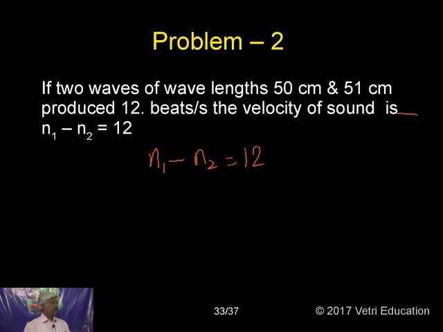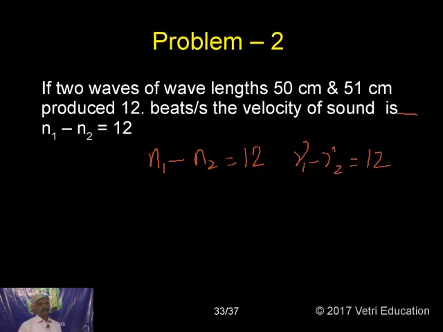There are two parameters given in the problem, 50 centimeter and 51 centimeter. L1 is 50, L2 is 51. Therefore, the lesser distance has more frequency. Therefore, nu1 is greater than nu2, so I put n1 minus n2, or nu1 minus nu2, whatever may be there. Nu1 minus nu2 is equal to 12.